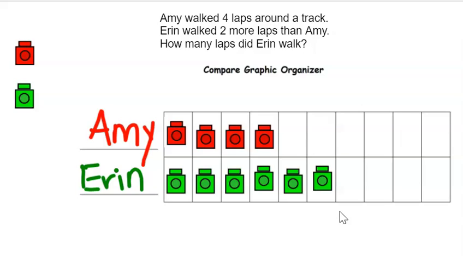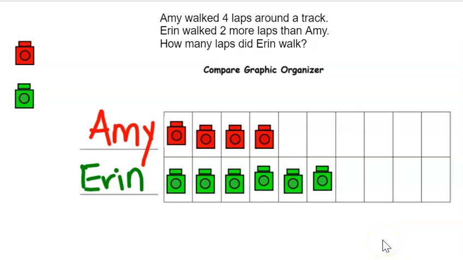Because we know that Aaron walked 2 more laps than Amy. So we know that she walked the same amount first and then walked 2 more laps than Amy. So how far did Aaron walk? So we know she walked these 4, 5, 6.